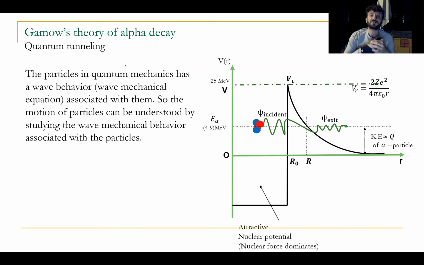The alpha particle inside the nucleus has a wave mechanical equation, the alpha particle inside the potential barrier has a wave mechanical equation, and the alpha particle outside also has a wave mechanical equation. This equation can be calculated by using the Schrödinger equation. So this is the wave mechanical equation associated with the particle.